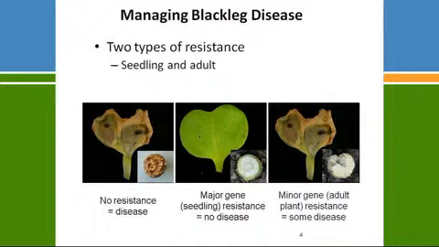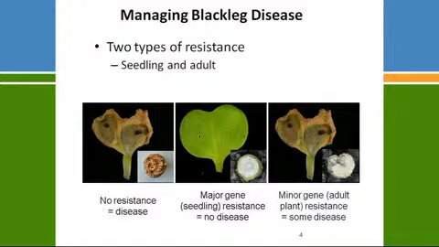We also have adult resistance, where the initial infection occurs because the seedling resistance isn't effective. All our cultivars have got seedling resistance, but the seedling resistance has been overcome. So the pathogen gets into the plant and it travels down to the crown. However, we have this resistance at the crown which stops the pathogen completely killing it, but in many cases it's a partial resistance. So it's controlled by lots of minor genes, but doesn't cause a complete canker. So we have these two things in all of our cultivars.